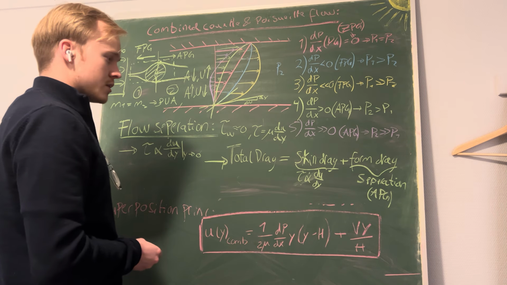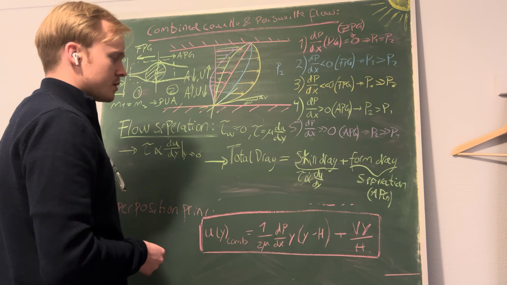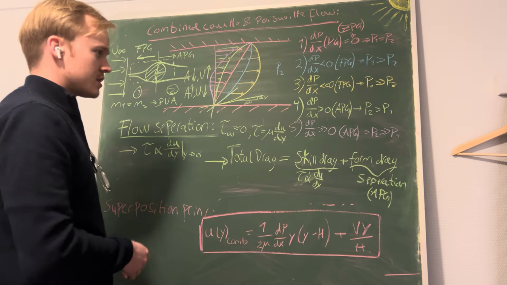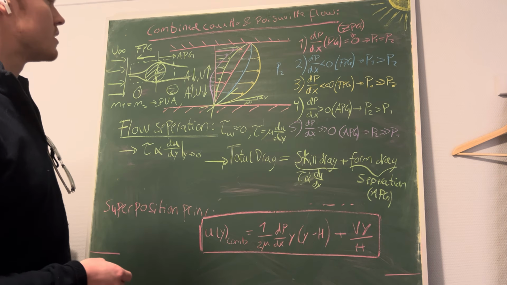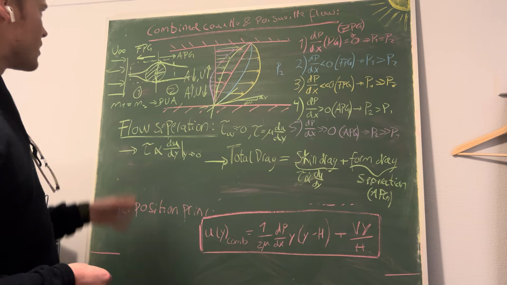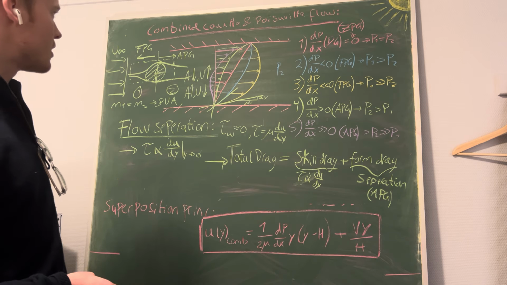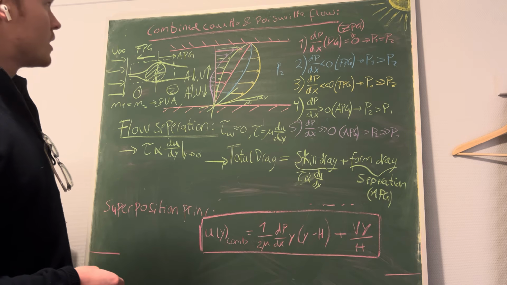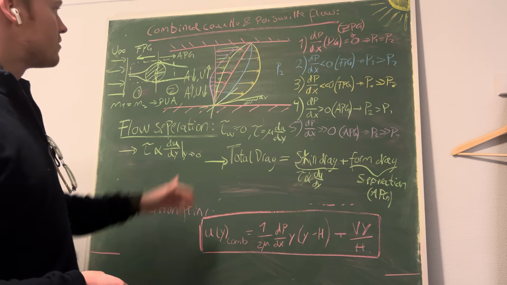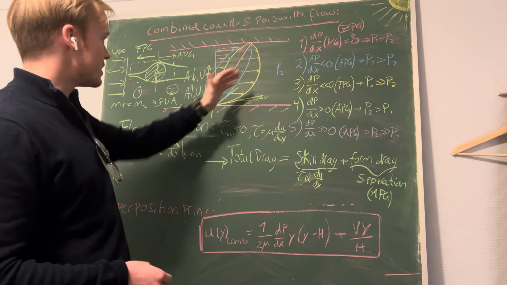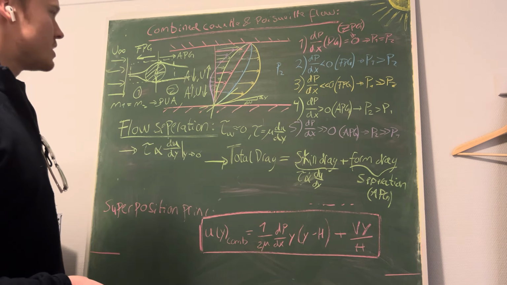So I hope this makes sense. It was a visualization and some key points on favorable pressure gradient, adverse pressure gradient, and the combined Couette and Poiseuille flow, which visualizes this fairly well, I would say.